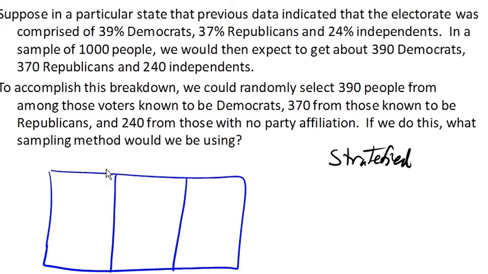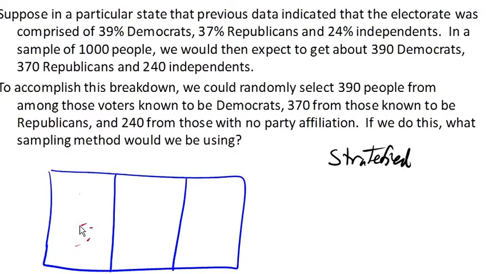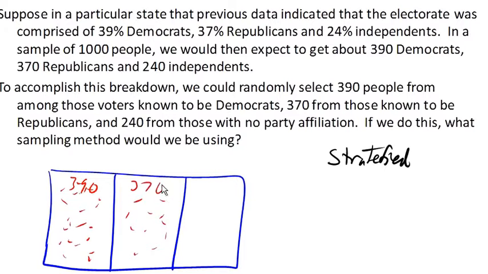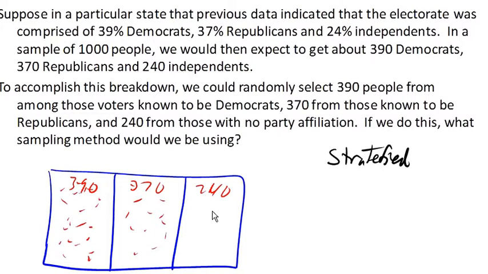So I'm randomly going to select 390 of these Democrats, and I'm going to randomly select 370 of these Republicans and 240 of these Independents. We've divided our population into groups, and then we randomly select from inside of each of those groups.